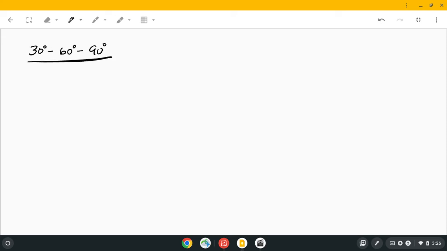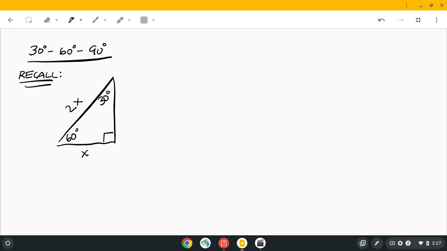If you recall from Unit 1, when we did special right triangles, we said if you had the 30, 60, 90 triangle, it turns out that if this side is x, the hypotenuse is going to be double, and this leg over here is going to be square root 3 x.